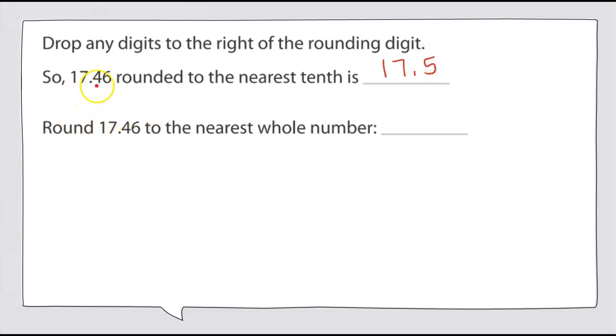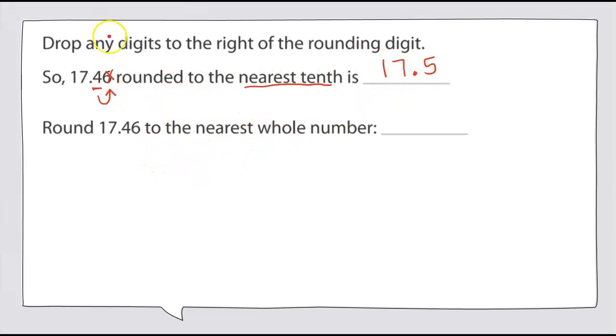And just in case you forgot, we underline the digit. When it says nearest tenth, we underline the tenths place. And then that digit to the right, that's 6. It's bossy, tells us what to do. It's 5 and above, so we got to give that 4 a shove. But then it's so bossy, we got to get rid of it. So really, this rounds to 17 and 5 tenths.